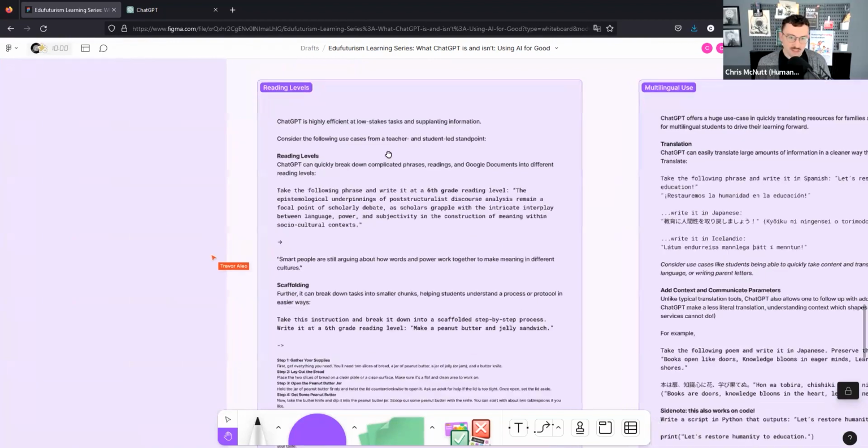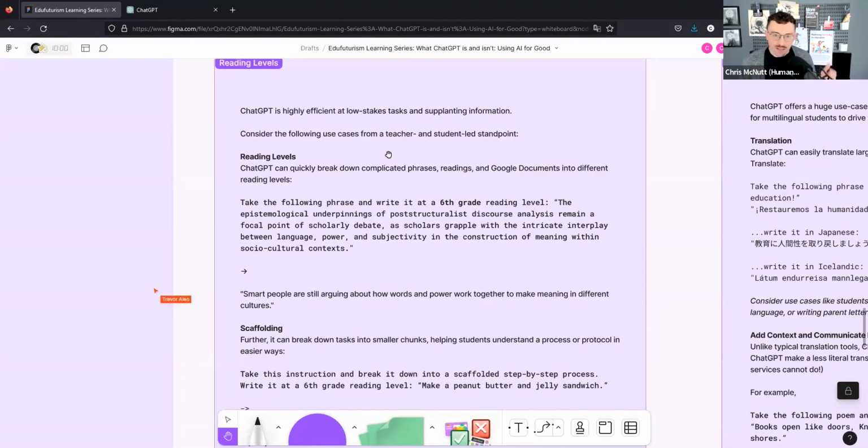So consider this from a teaching standpoint, that ChatGPT is really good, especially at really low stakes stuff, like supplanting information, taking information, making it easier, harder, changing up words, generating acronyms, that kind of stuff. Consider if you have a group of students who could either use this to empower themselves, or teachers that are just trying to make their lives easier.